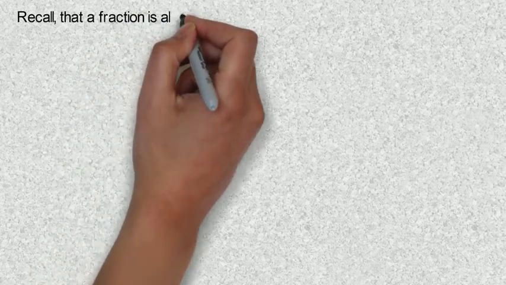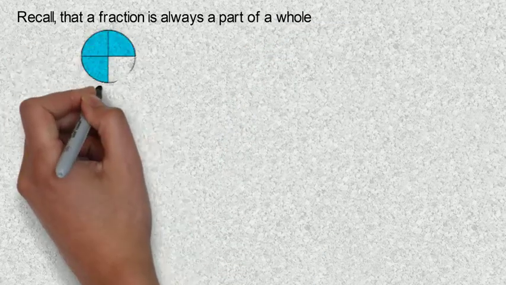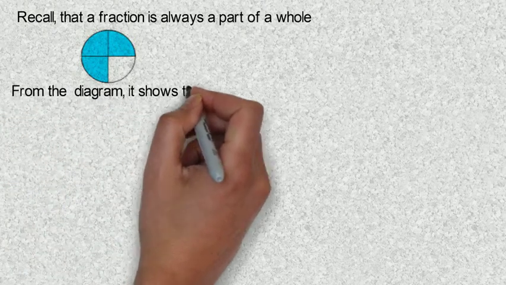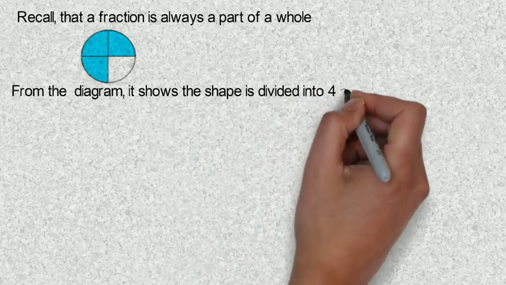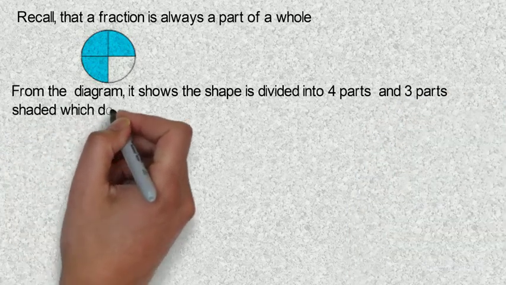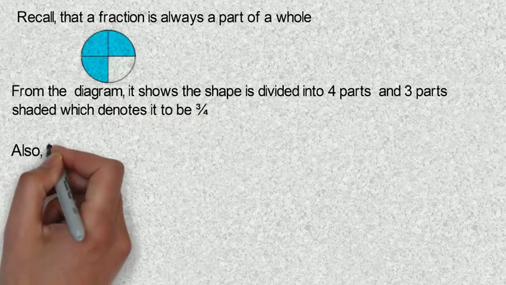So let me bring your mind back. Recall that a fraction is always a part of a whole. From the diagram above, what does that show you? It shows the shape is divided into how many parts? 4. Can you see? And how many parts are shaded? 3 parts shaded, which denotes it to be what? 3/4.